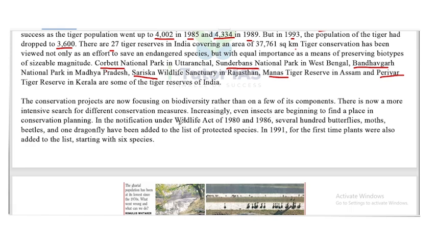In the notification under the Wildlife Act of 1980 and 1986, several hundred butterflies, moths, beetles, and one dragonfly have been added to the list of protected species. In 1991, for the first time, plants were also added to the list, starting with 6 species.